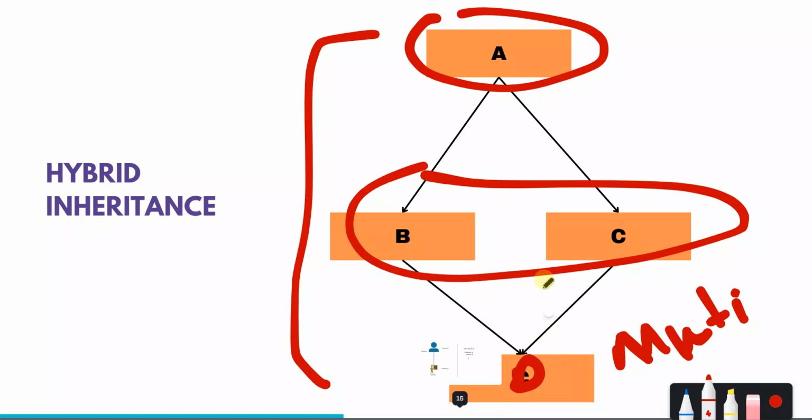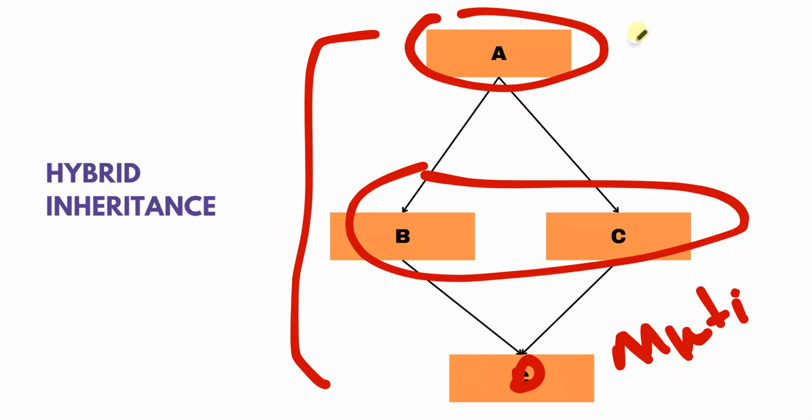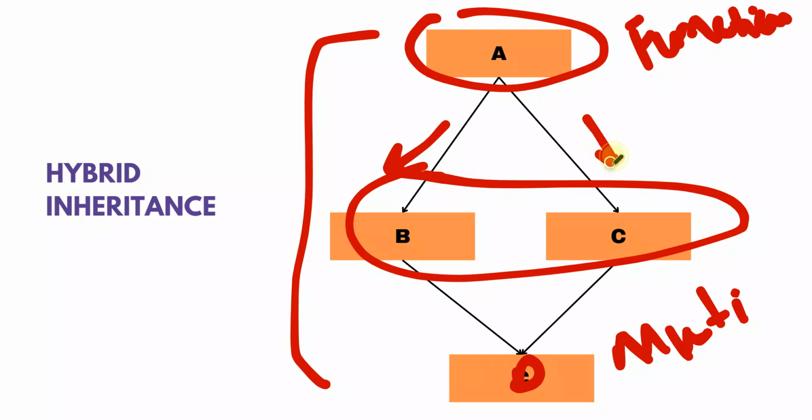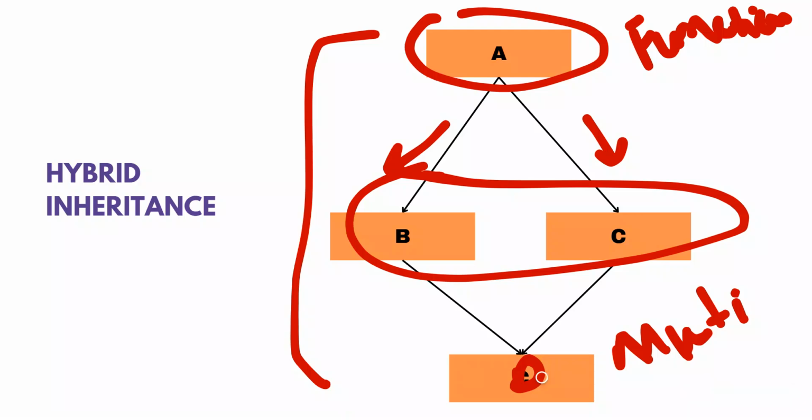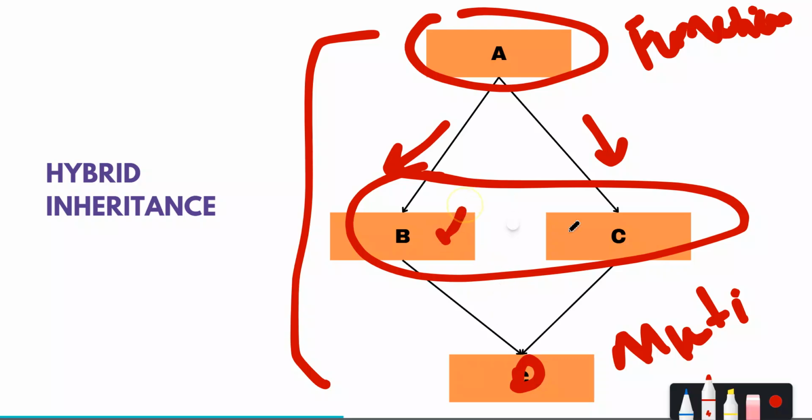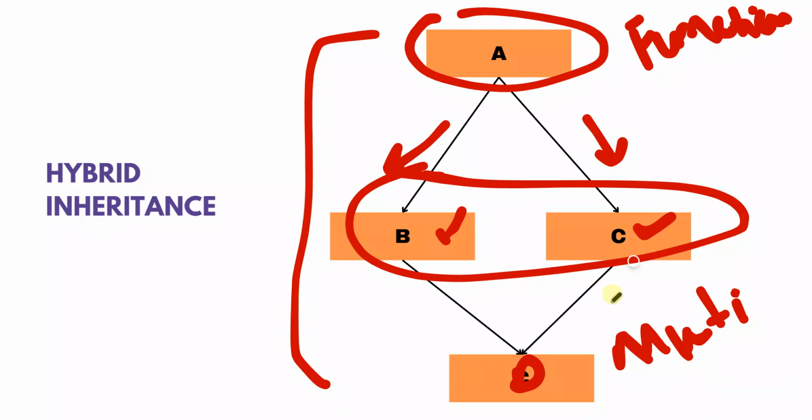Let's check how it will work, but you should keep in mind that there may be an issue if we have any function over here, any type of function or any type of data. The same will be a part of B, and the same will be a part of C, because both of them are inheriting from A. So D will be confused, because it will have the same data members and the same function at B and also at C. How can we address that problem?